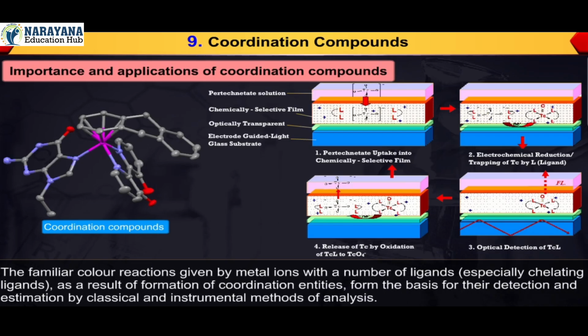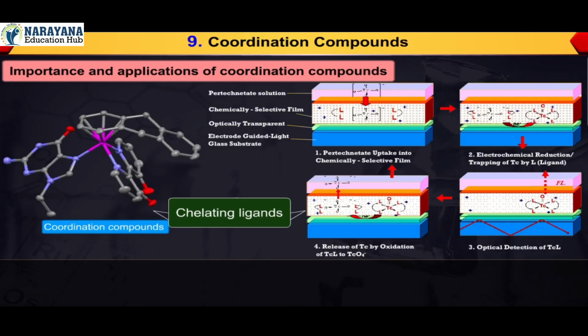The familiar color reactions given by metal ions with a number of ligands, especially chelating ligands, as a result of formation of coordination entities, form the basis for their detection and estimation by classical and instrumental methods of analysis.